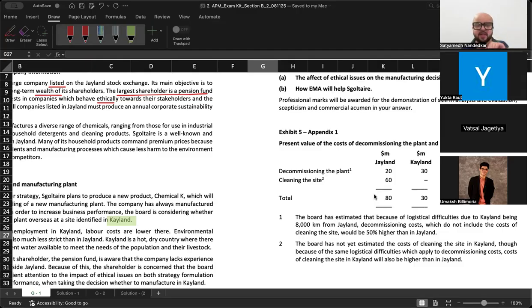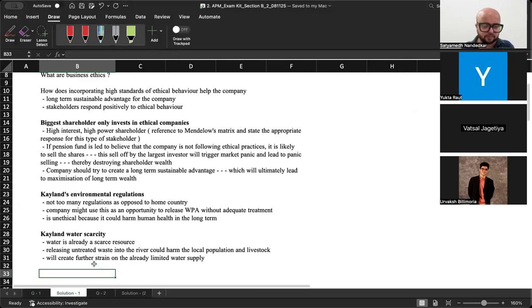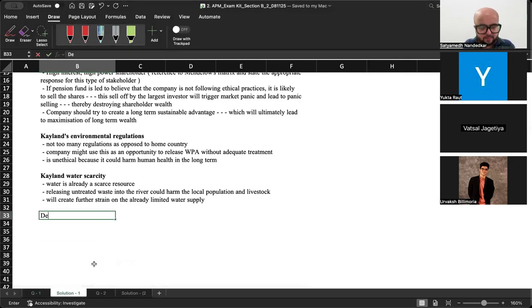Or leaving the site contaminated with harmful chemicals after decommissioning the plant could affect the company's reputation, and in the long term it will be termed as unethical. Decommissioning.